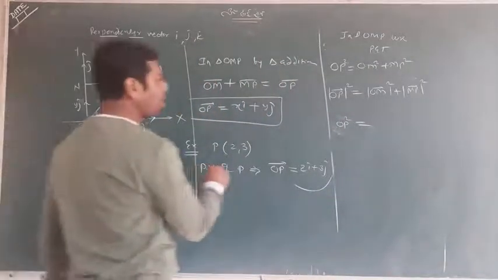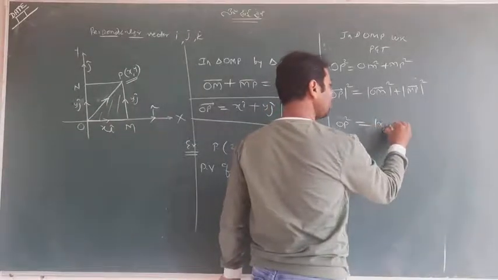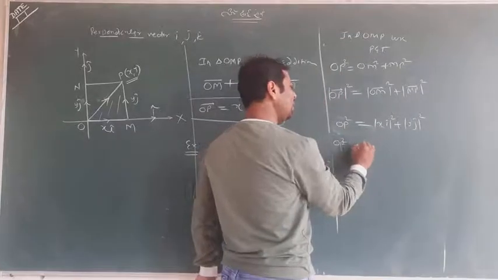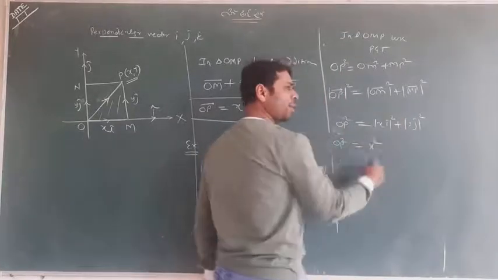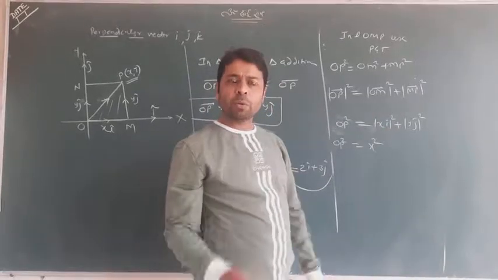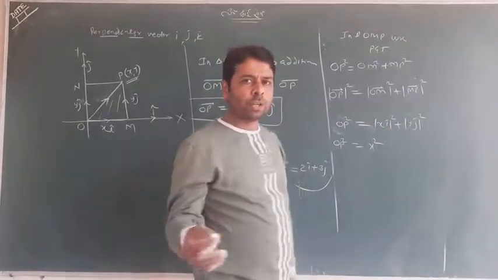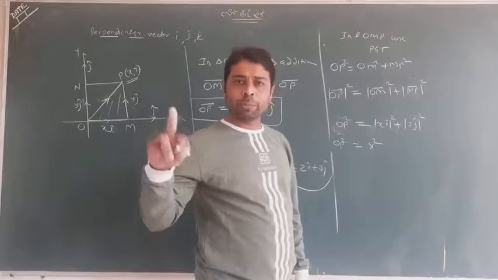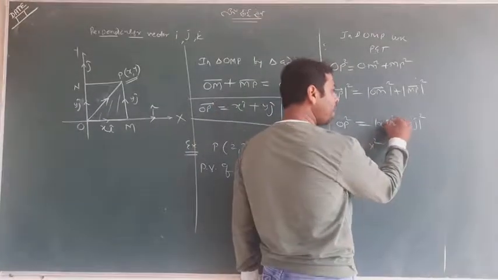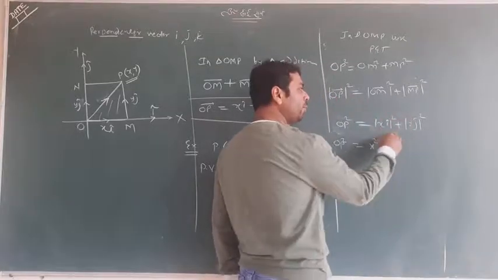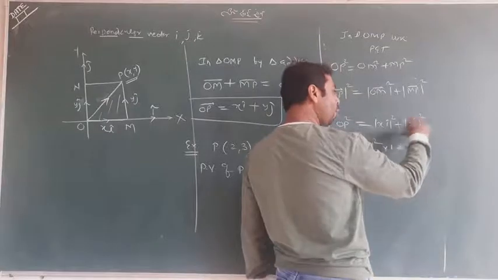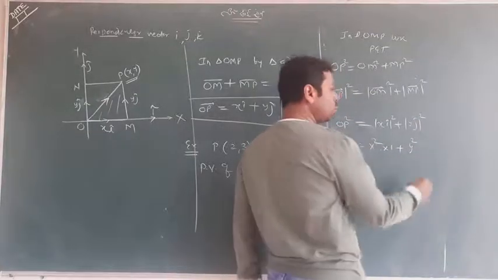OM is xi cap squared and this is yj cap squared. You know xi cap squared means x square. But for i cap, what is the mod of i cap? It is 1, because i cap is a unit vector whose mod is 1, and 1 square is 1. And y square is y square, and the mod of j cap is 1, so its square is 1.